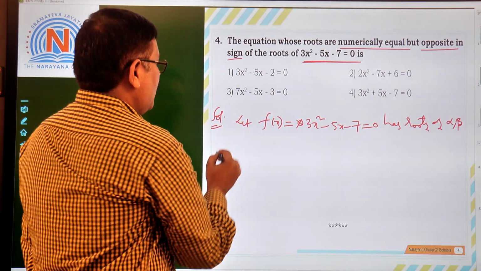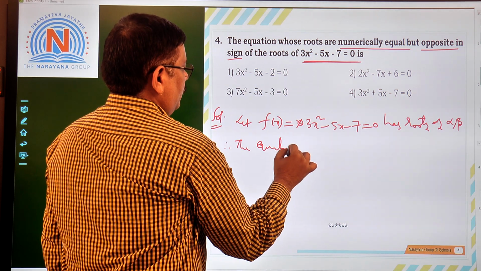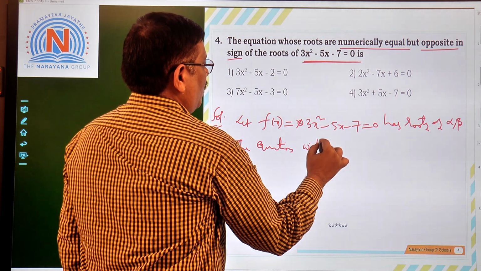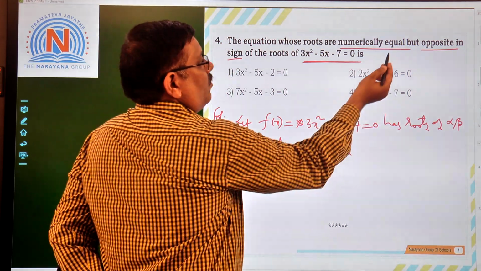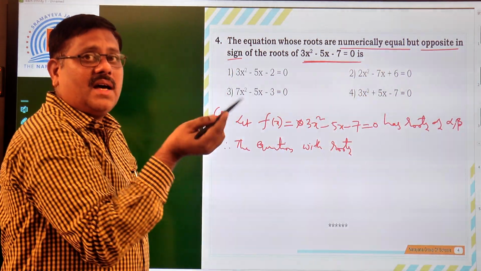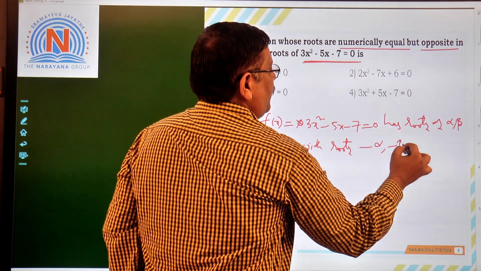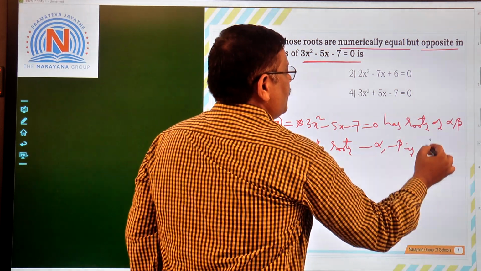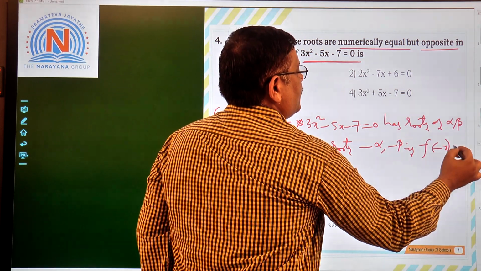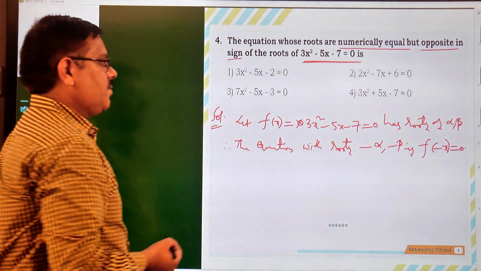Opposite in sign means, therefore the equation with roots, what happened to the roots? Roots are numerically equal but sign wise they are opposite. Means we have to take the roots as minus alpha, minus beta. Then the equation becomes f of minus x is equal to 0.